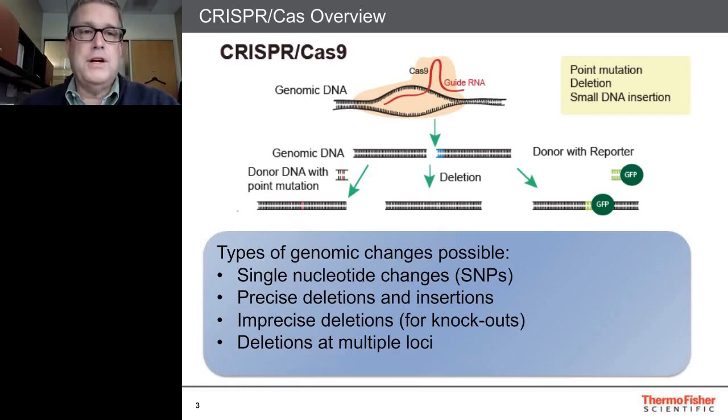What I'm going to focus on today is mostly the CRISPR-Cas9 system. This is originally a system that was identified in bacteria as a primitive way for them to fight off viral infections. The way that we have made use of the CRISPR-Cas9 system is that the Cas9 nuclease is guided to a particular target by a guide RNA.